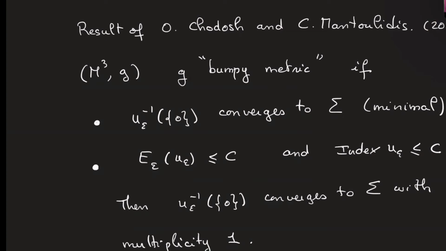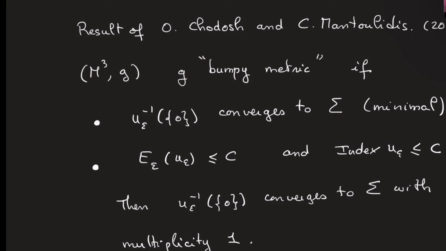Like 2 years or 1 year ago, there was a result by Otis Chodosh and Christos Mantoulidis, and what they have been doing is trying to understand directly the critical points of the Allen-Cahn functional by using some min-max argument, and then starting from this, they study these critical points as epsilon tends to 0, and they try to prove that they get a nice minimal hypersurface, or surfaces in this case.